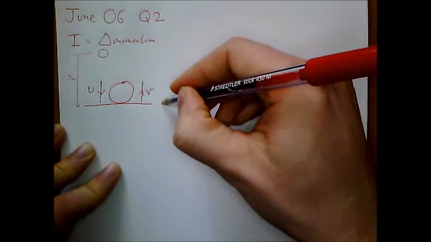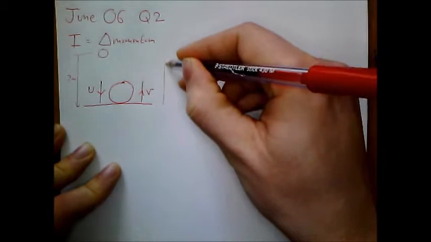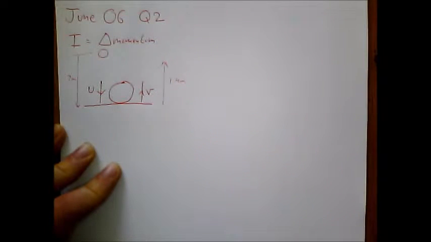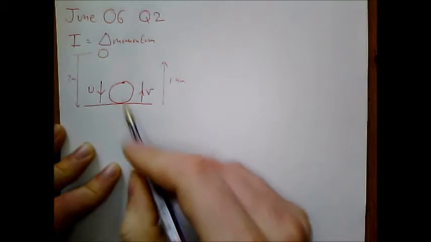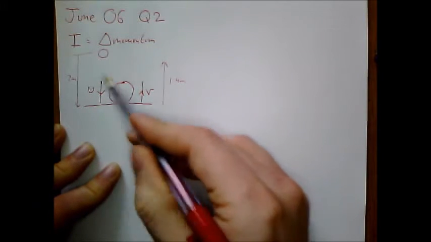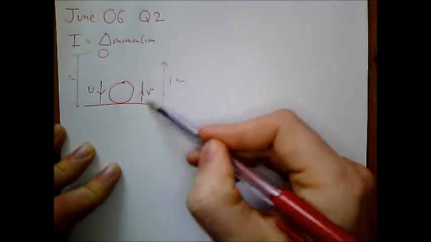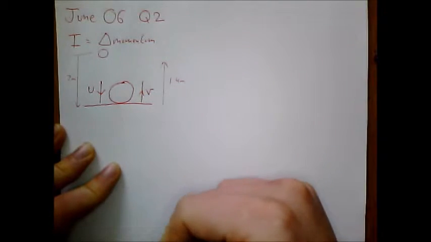And then afterwards it's going to travel up a distance of 1.4 meters. So actually we're looking at SUVAT here because we want to know its speed just as it hits the ground, and the speed it rebounds at. And we've got enough information here to do that.